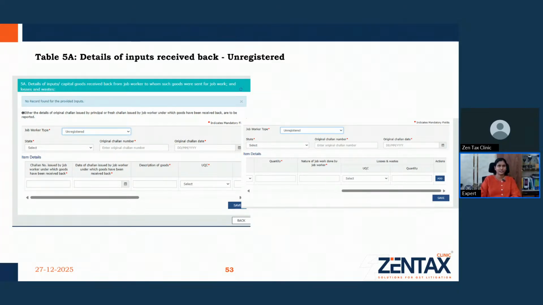Here also we need to give the item-wise details, that is the challan number issued by job worker under which goods have been received back, the date of challan issued by job worker under which goods have been received back. Here also description of goods, quantity and the nature of job work done by the job worker has to be mentioned. If there is any losses or waste, that amount shall also be mentioned along with the quantity.